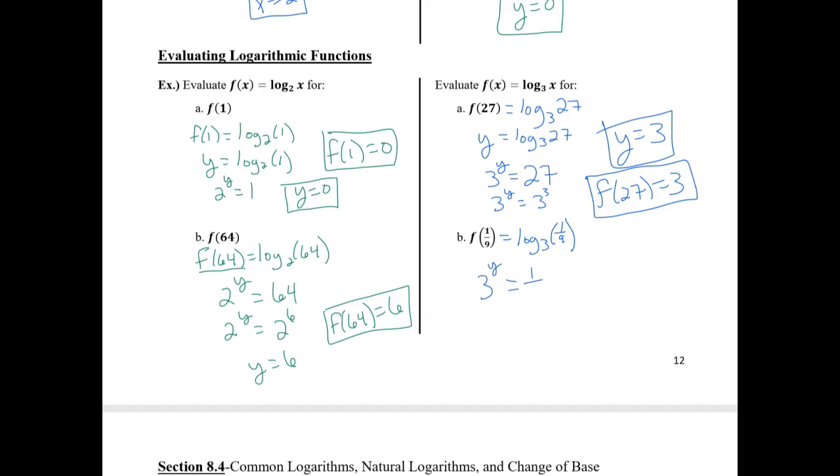Equals, the only number we haven't used, 1/9. And 9 is the same thing as 3 squared, but I don't want that 3 squared in the denominator, so I take the reciprocal, which makes the exponent negative, and that means that y must be negative 2. And going back to my function notation, f of 1/9 will equal negative 2.